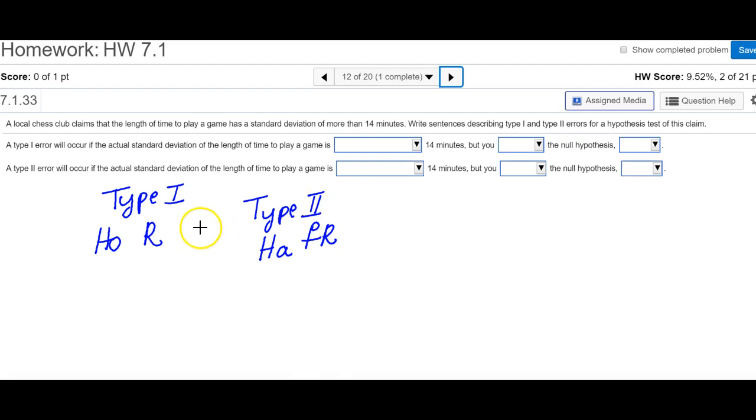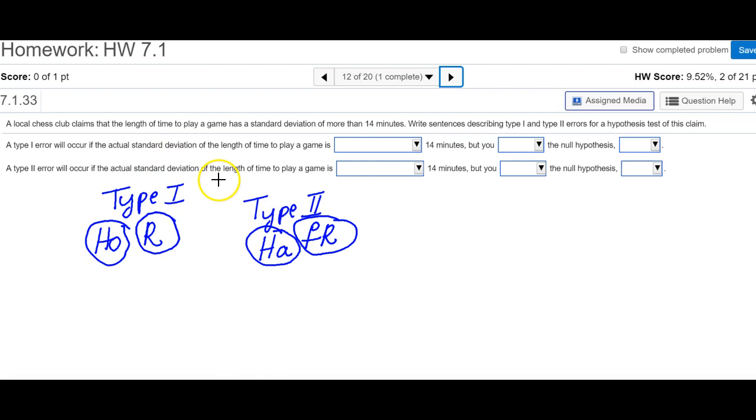So you have to look for these words. The terminology is very important. In type 1, you have to find the word reject. In type 2, you have to find the word fail to reject. In type 1, you have to look for your H0. In type 2, you have to look for your HA. Okay, now let's go ahead and look at the problem.